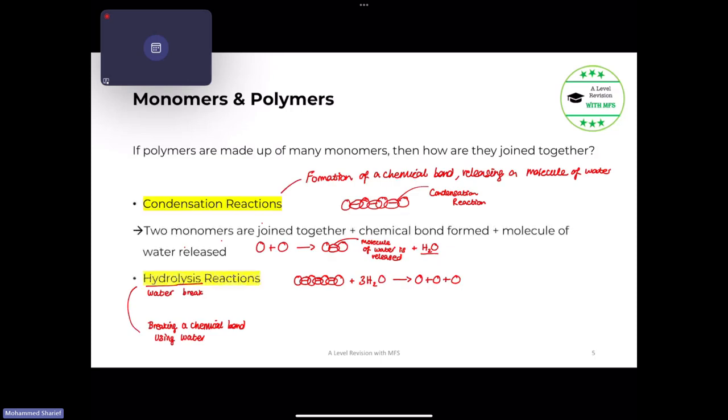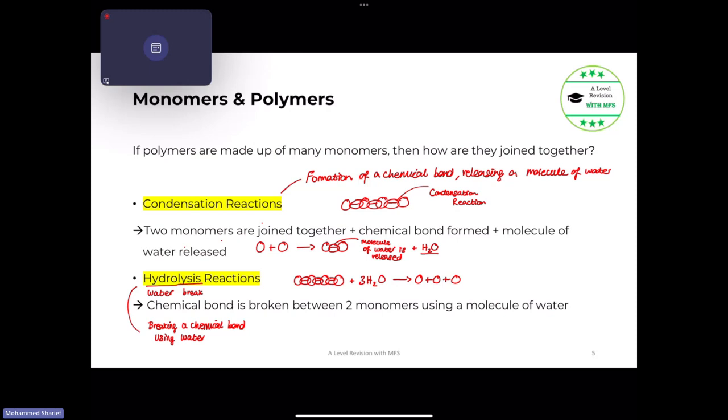And that's what we looked at. We looked at condensation and hydrolysis reactions. Condensation reactions are the main reaction which allows the chemical bond between many monomers to form, releasing a molecule of water in the process. Remember, condensation is when the gas condenses into a liquid, and the hydrolysis reaction, which means lysis to break, and hydro, water, the splitting of a chemical bond using water.